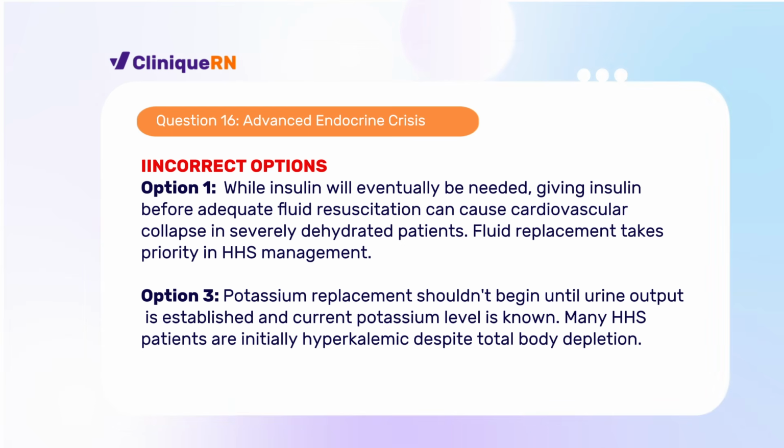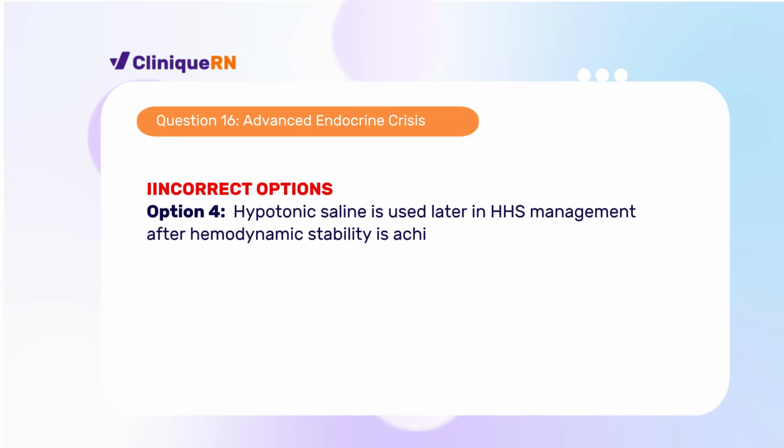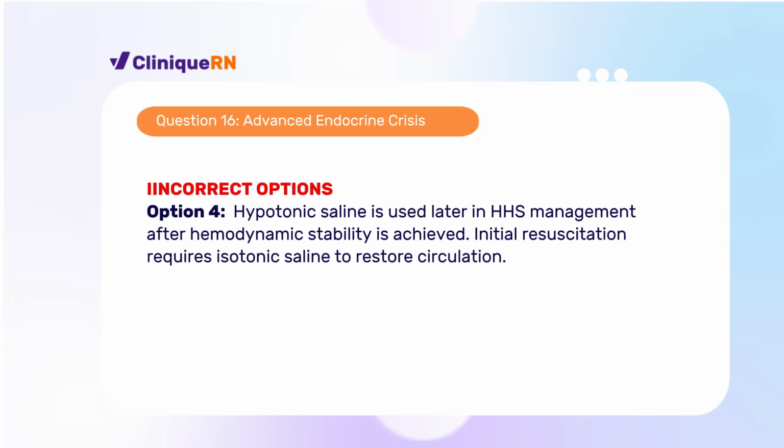Potassium replacement shouldn't begin until urine output is established and current potassium level is known. Many HHS patients are initially hyperkalemic despite total body depletion. Option 4. Hypotonic saline is used later in HHS management after hemodynamic stability is achieved. Initial resuscitation requires isotonic saline to restore circulation.